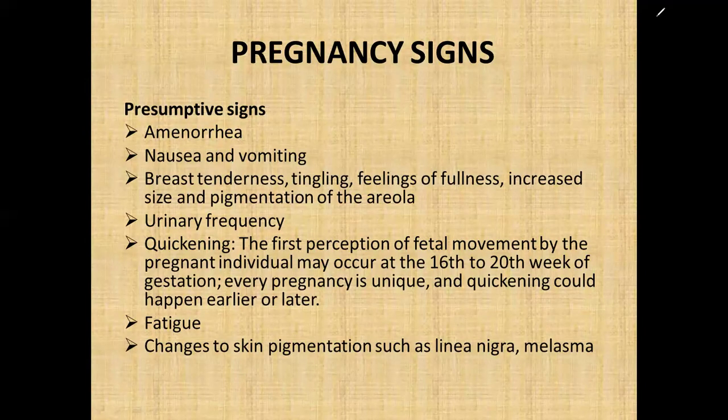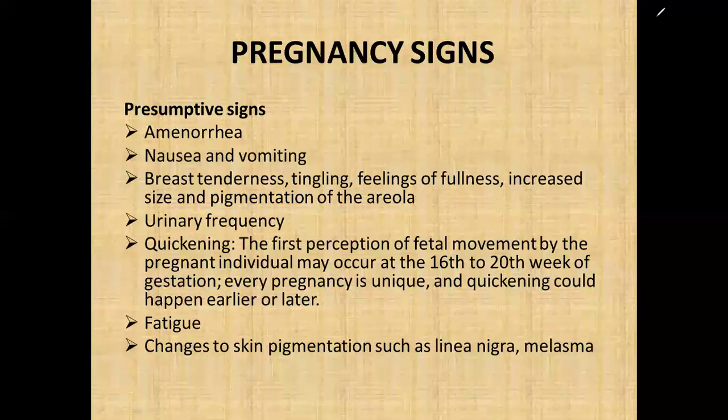It is the woman who will tell you that her cycle has stopped after, let's say, February, and she hasn't had her cycle. You wouldn't know that the person's cycle has stopped. Then it's the person who will tell you that she's experiencing nausea and vomiting, unless you physically see the person vomiting. So these are the early signs, and they are what we call presumptive. They are not conclusive.